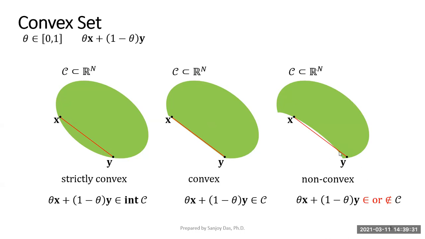If that is violated, then the region is non-convex. Here, for some values of theta, the convex combination of x and y is outside this green region C, although x and y are both inside. So this is not convex, this is convex, and this is strictly convex.